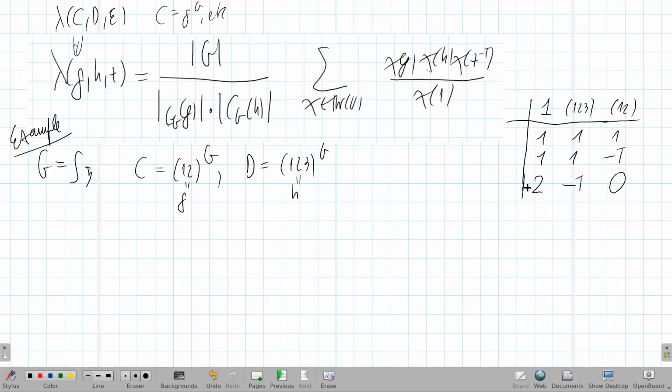A non-linear character must have a 0. This is -1 because in the representation, (1 2 3) goes to a diagonal matrix which has on the diagonal omega and omega square, where omega is a primitive third root of unity, and omega plus omega square is -1.